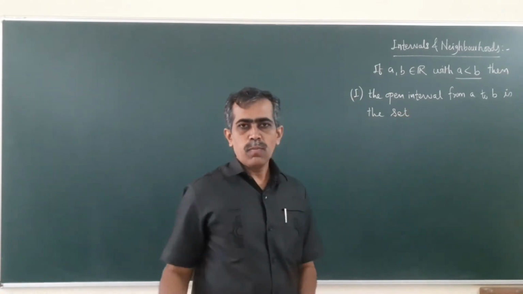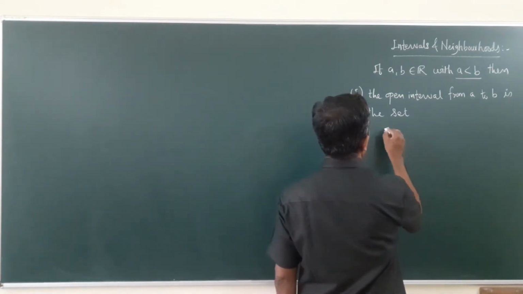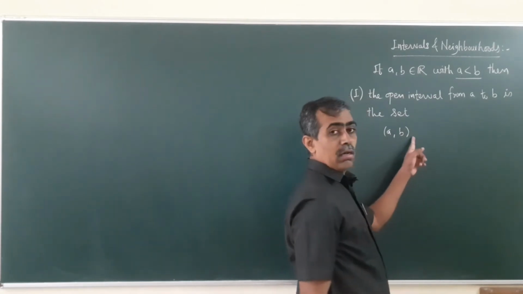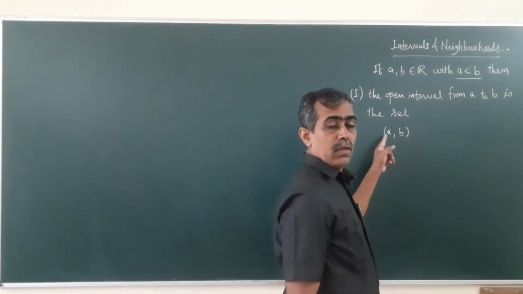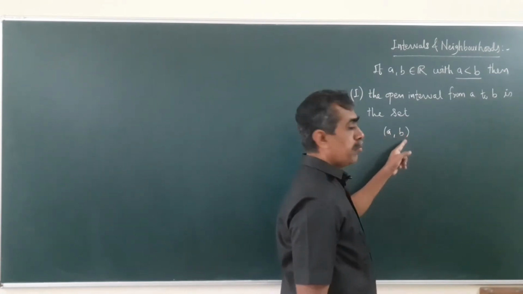It is denoted by round brackets, and read as open interval A comma B.